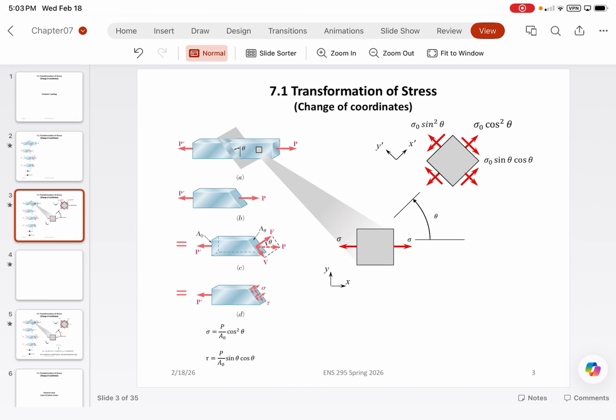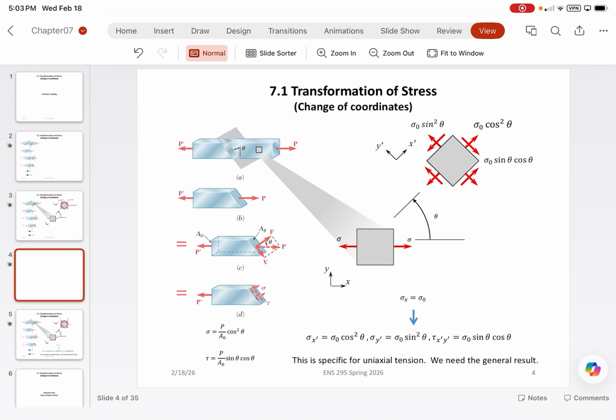These stresses are all dependent on whatever the cross-sectional area is, the plane of said area, which is why you get that sine squared, cosine, sine, because then not only are you considering the vectorial components of the force, you're also considering the vectorial components of the area, which is why you get that cosine squared, sine squared. Does that make sense, what I'm kind of getting at so far?